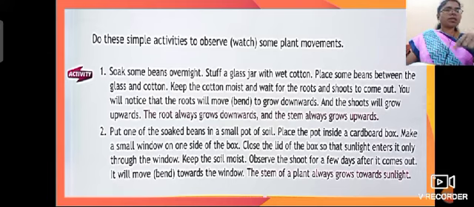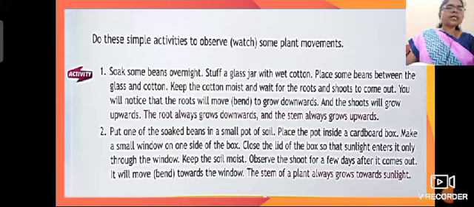You can pour a little water on top of that. Place some beans between the glass and the cotton. Keep the cotton moist, moist means wet, pour water and wait for the roots and shoots to come out.